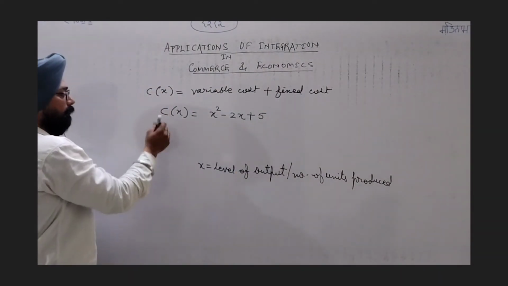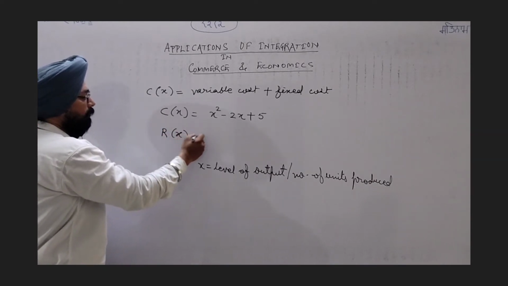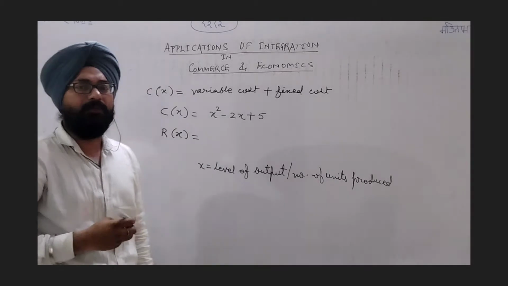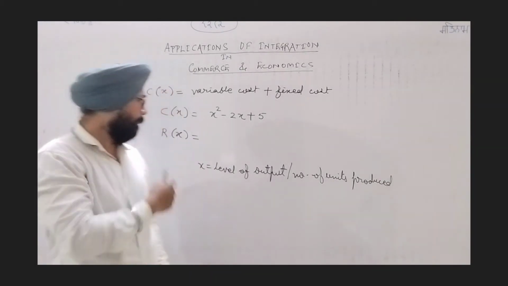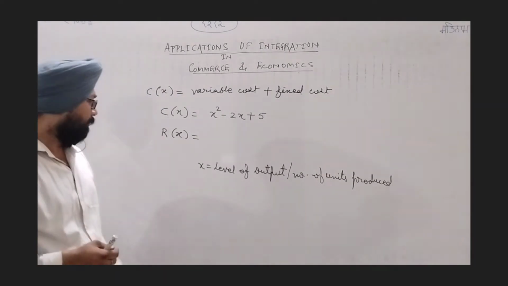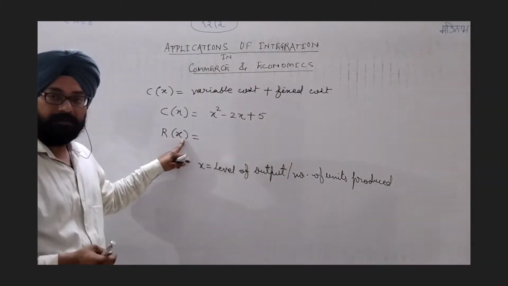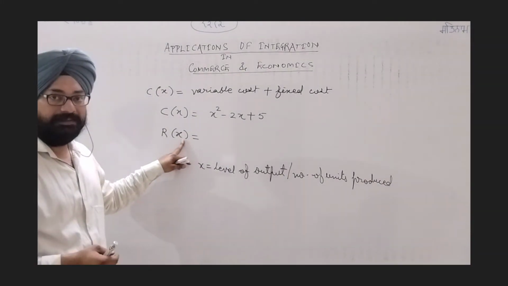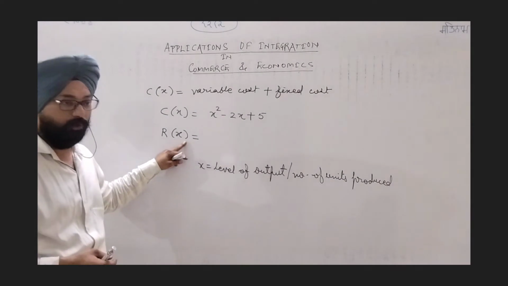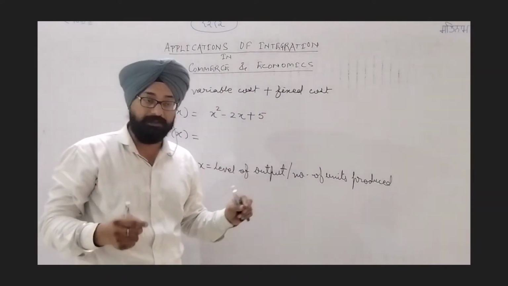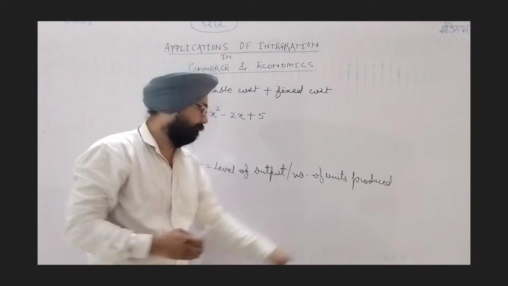Here revenue is another function related to this topic, or I should say these are prerequisite knowledge to understand this application of integration. Revenue function. Revenue is earning when we sell level of output x, or the number of units sold. When we say revenue as a function, x becomes the number of units sold.